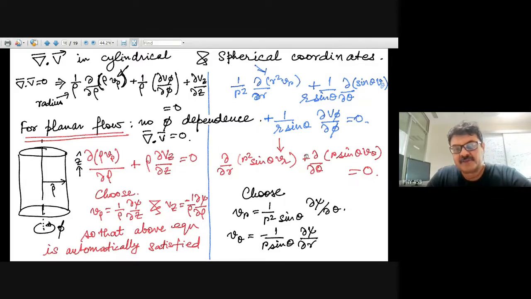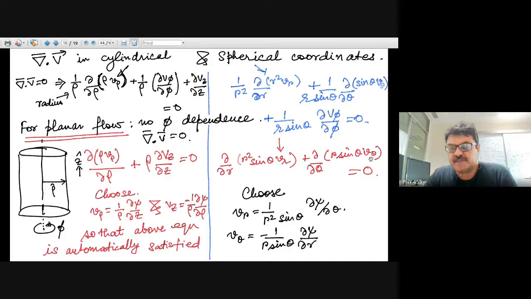And similarly, using similar principles, if you choose vr suitably, in this particular case, 1 by r square sine theta, there is r square sine theta in the numerator, so you put r square sine theta in the denominator, and del psi del theta, then del r and then del theta is what you will have.